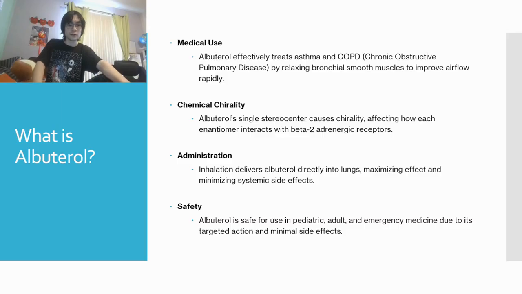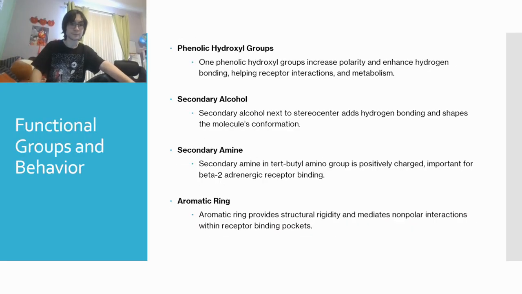Because the drug is chiral, it has two mirror image forms. They don't really behave identically in the body, and it is delivered by inhalation, giving rapid onset with fewer systemic effects.